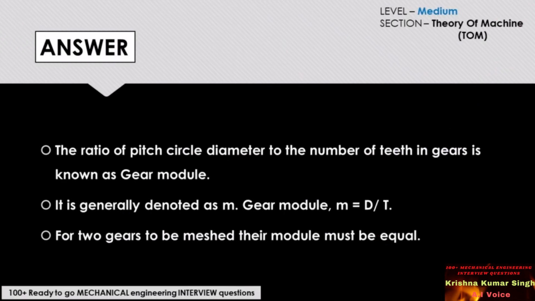The ratio of pitch circle diameter to the number of teeth in gears is known as gear module. It is generally denoted as small m. The mathematical formula for gear module is m = d/t. For two gears to be meshed, their module must be equal.